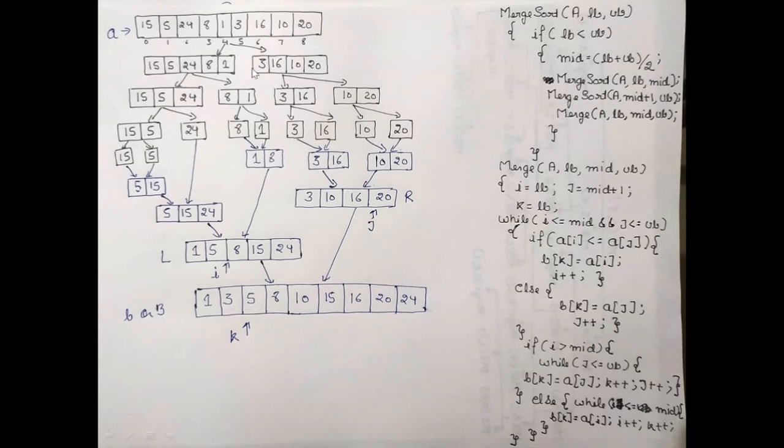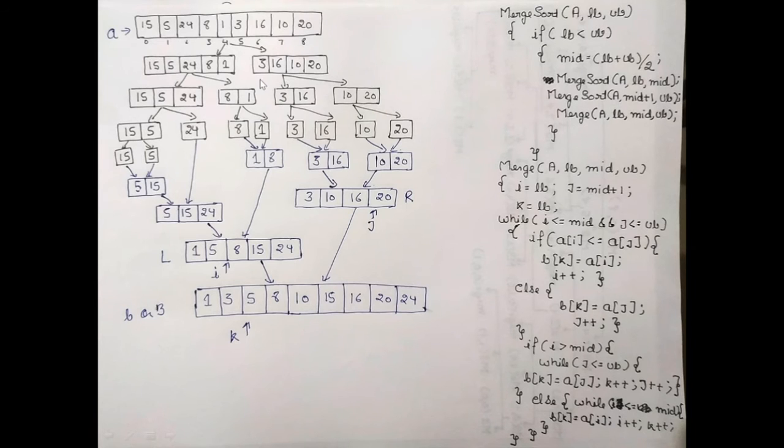And now the lower bound for this particular array is 5, that is mid plus 1, and the upper bound is 8. Now 5 plus 8 is 13, and divided by 2 you will have 6.5, so it will be floored to 6. So from 5 to 6 we'll have a new array, and then 7, 8 will form a new array.